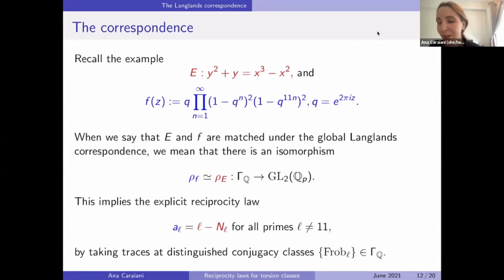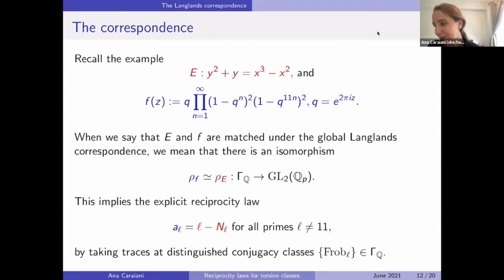And the explicit reciprocity law that we saw from the data can be recovered by taking this isomorphism of Galois representations and evaluating it at certain distinguished conjugacy classes that are indexed by these primes. ℓ goes over all rational primes except for 11.